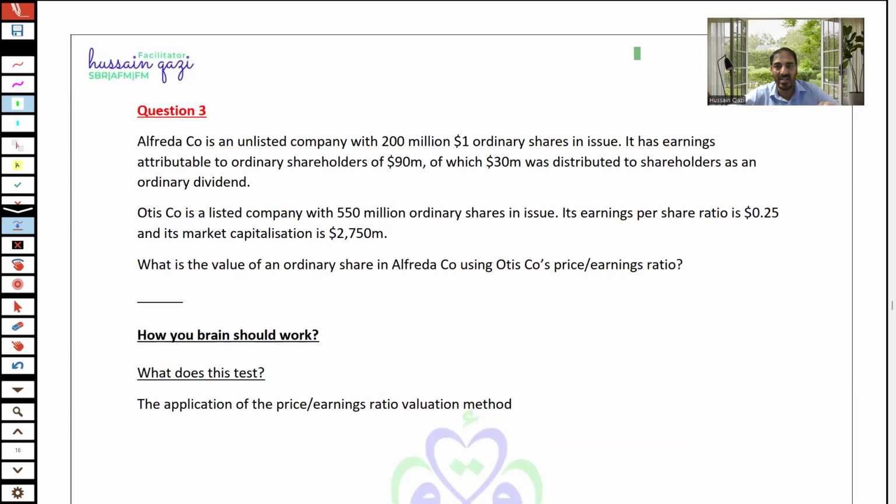Read this question one time very carefully. Elforder company is an unlisted company with 200 million ordinary shares in issue. Earning attributable to ordinary shareholders is $90 million, that's profit after tax, of which 30 million is distributed to shareholders as ordinary dividend.